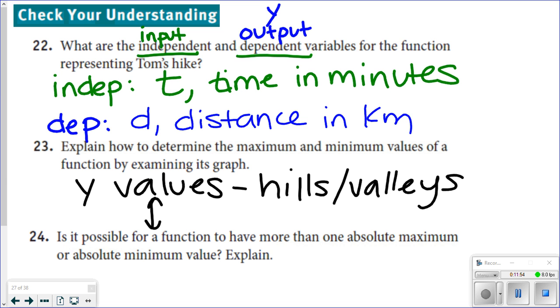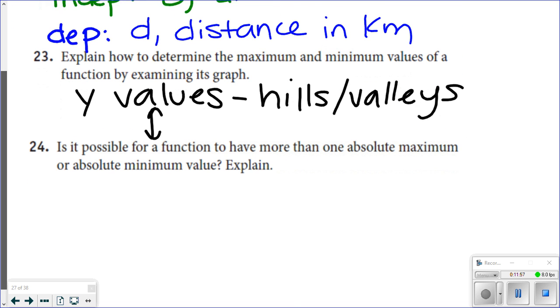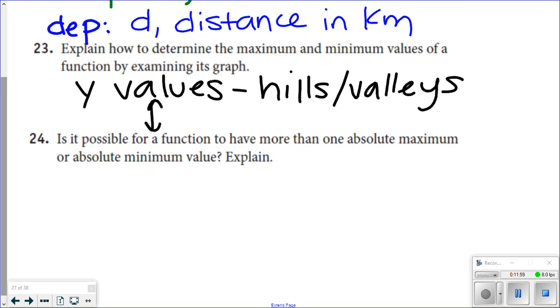Question 24, is it possible to have more than one absolute max or absolute min? No. If we're looking for the shortest person in our classroom and the tallest person in our classroom, we're going to have one. Or if we're looking for the youngest and the oldest, we're only going to have one.